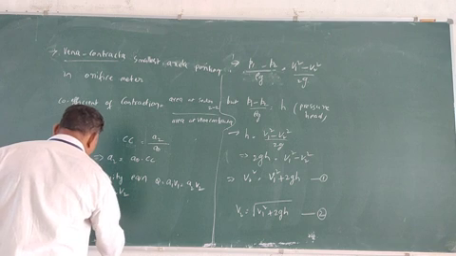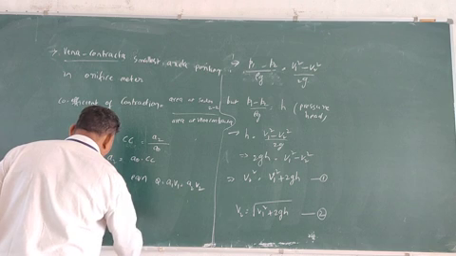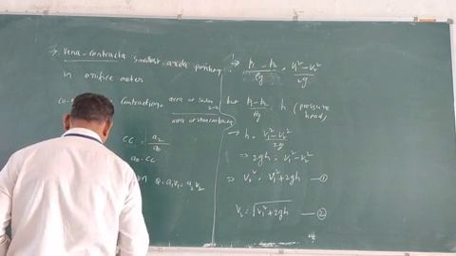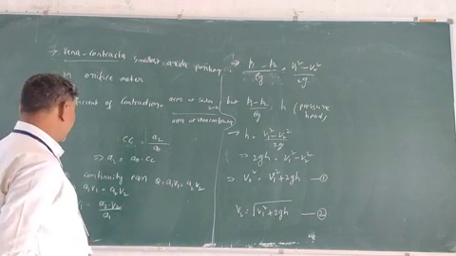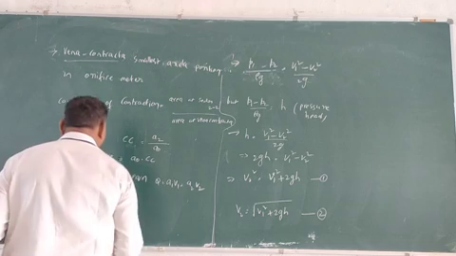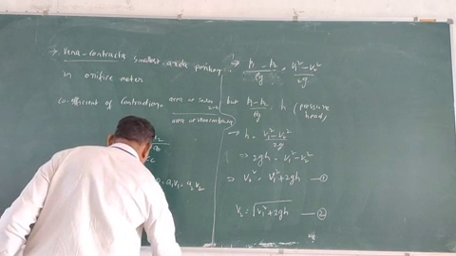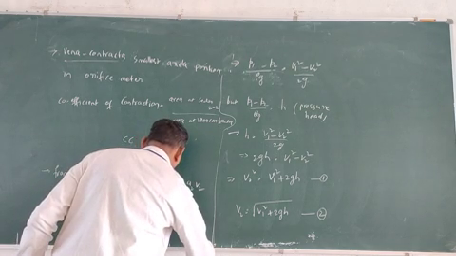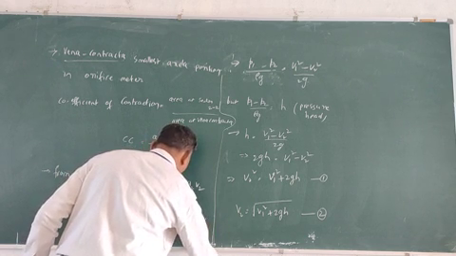Now V1 is equal to A2 V2 by A1. Put A2 is equal to A0 into CC. This implies V1 is equal to A0 into CC into V2 divided by A1.